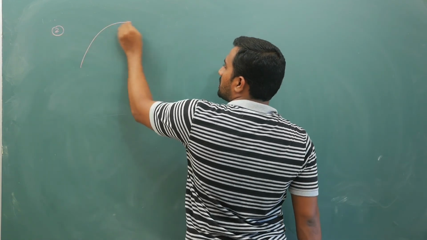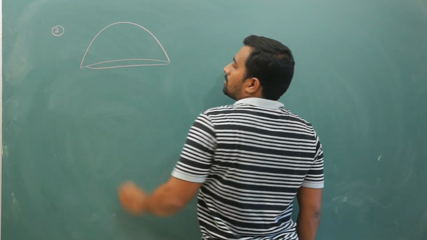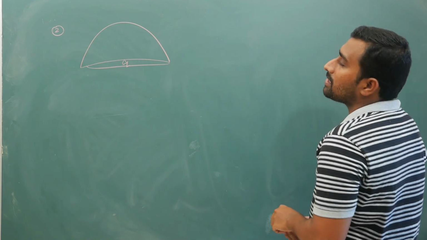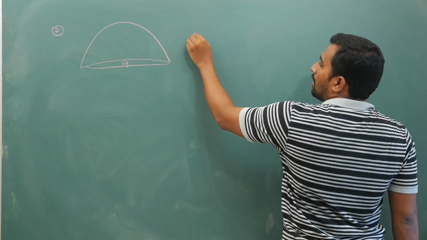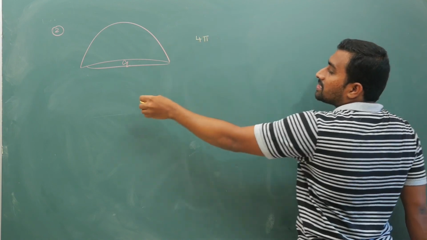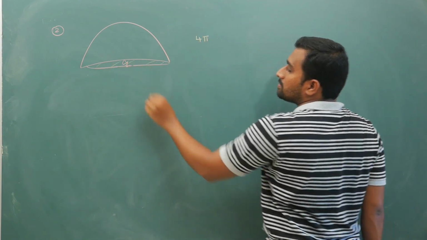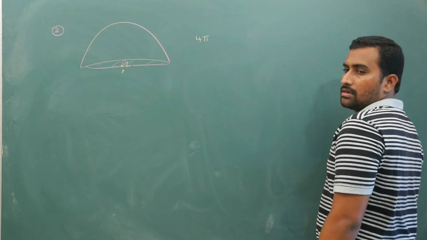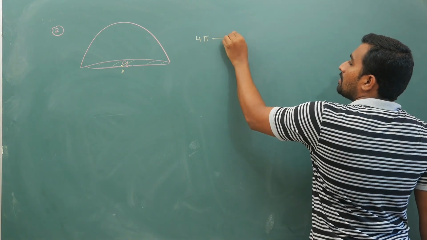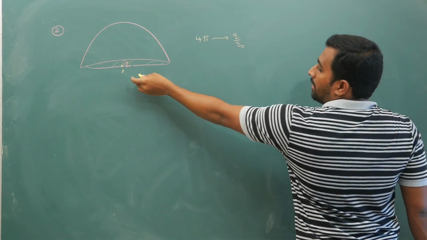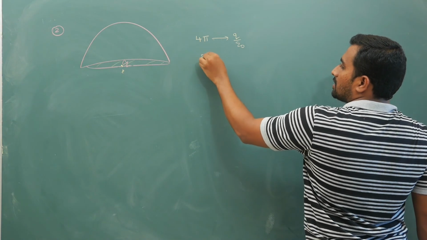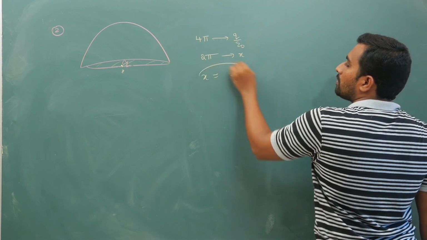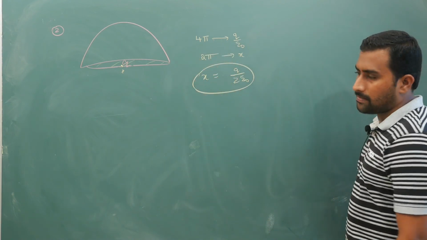If you take this hemisphere and let us say you have some charge q here, and I ask you what is the flux through this hemisphere, then automatically this surface forms a solid angle of 2 pi at that charge. Through the full 4 pi, the flux is q by epsilon naught. Because of 2 pi, if it is some x, then by cross multiplication x is equal to q by 2 epsilon naught is the flux.